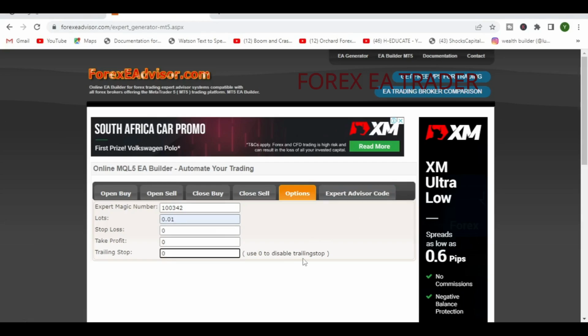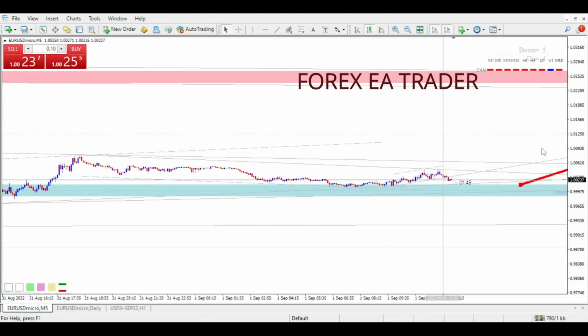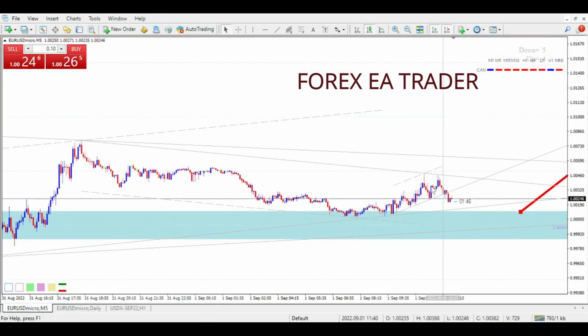We are not going to use any trailing stops, because we are using the 5-minute time frame. There are going to be instances of drawdown where it's going to go against us, but it's not necessarily against us, because on the higher time frame we said we are expecting it to move up.